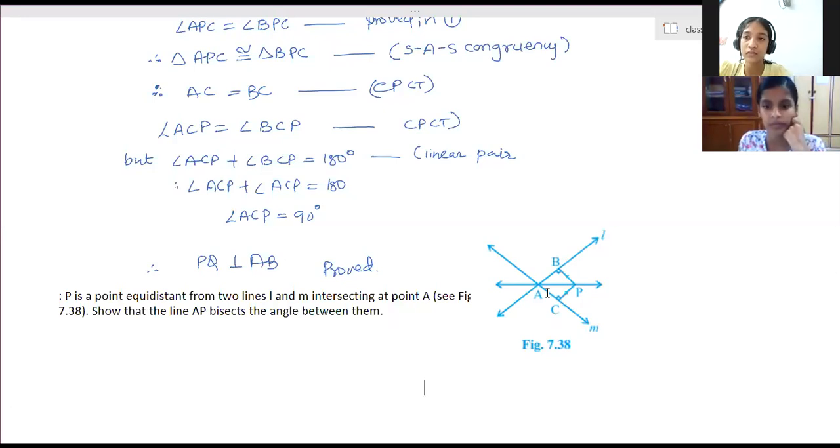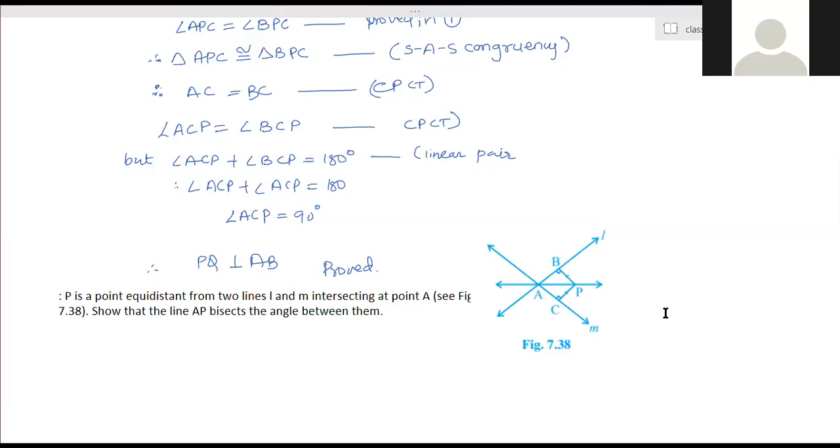Tejasvi, reason? Ma'am, it's given that BP and CP are equal.